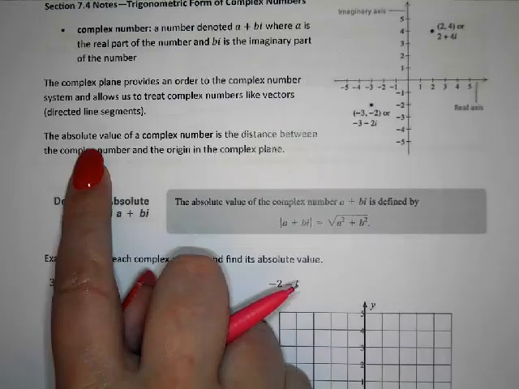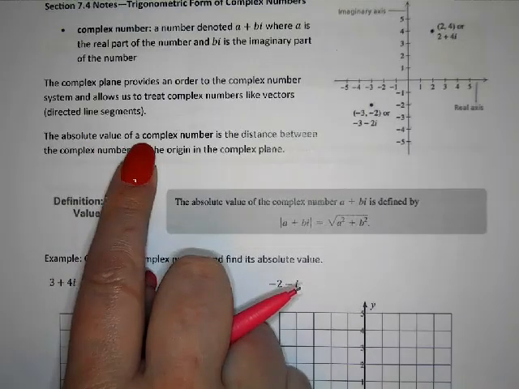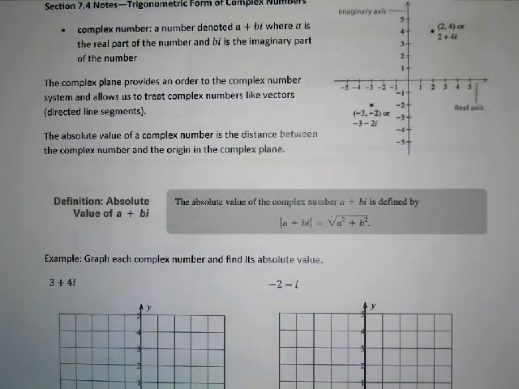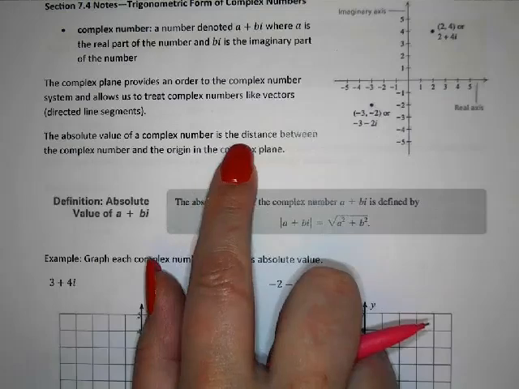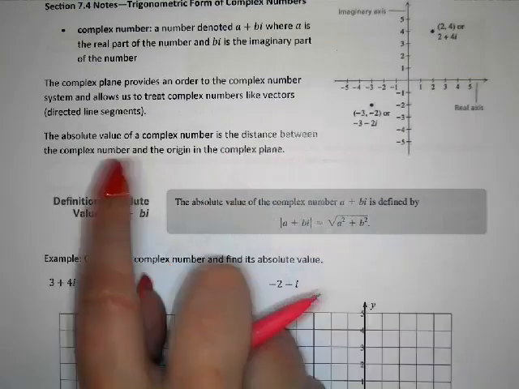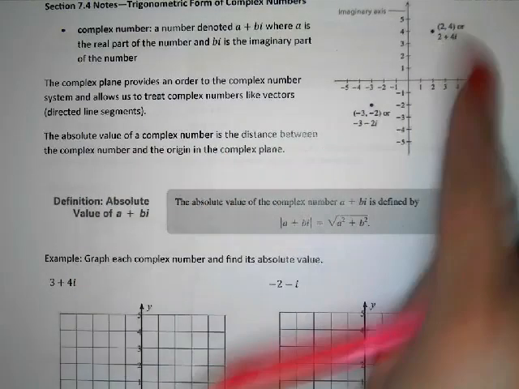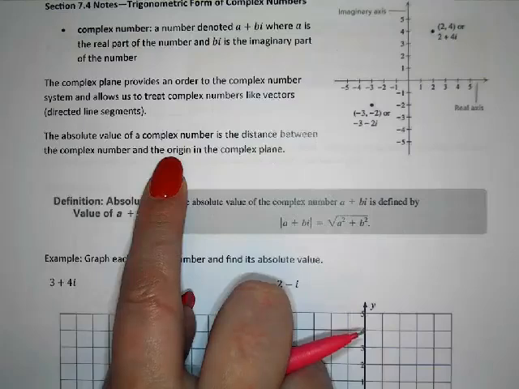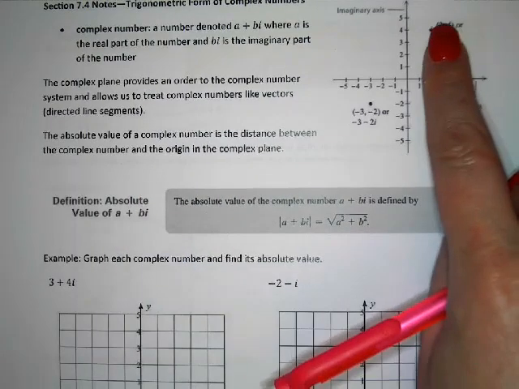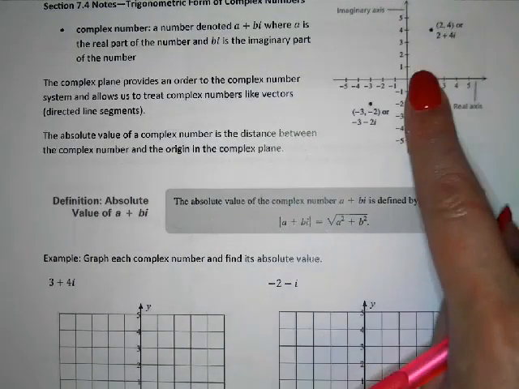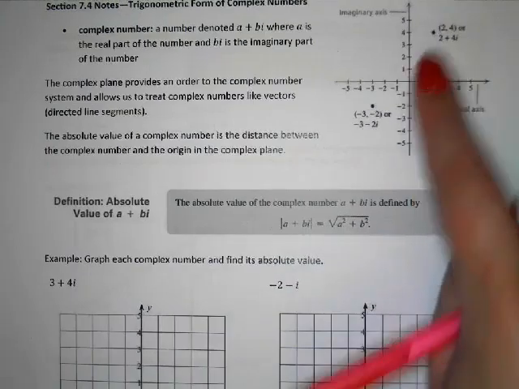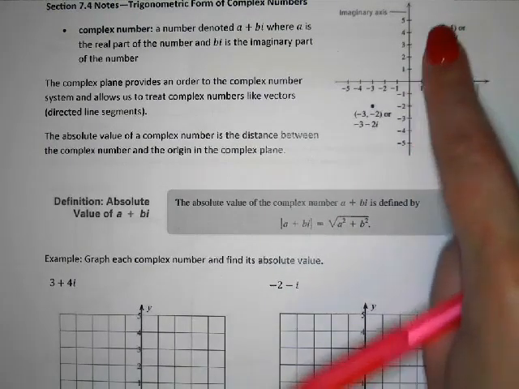Then we have something called the absolute value of a complex number, which is kind of an abstract idea, but the definition of it is just the distance between the complex number that you've graphed and the origin. We can think of it as drawing a right triangle, and this would be the hypotenuse.